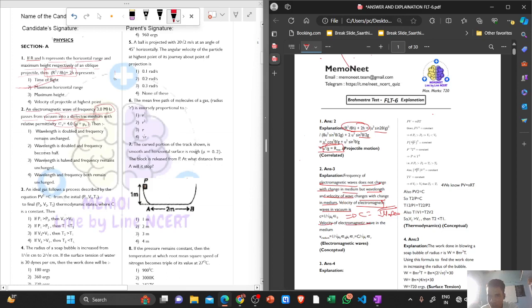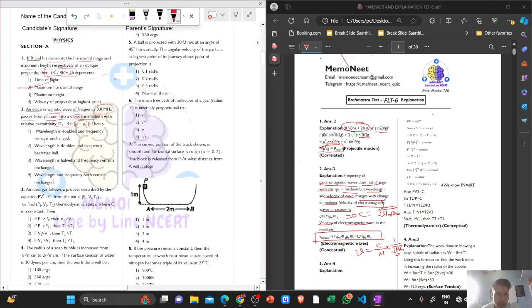By putting all the values here, you can get the velocity in the medium, which is equal to 1 by under root of mu r epsilon r. By putting the values, you can get the wavelength is half, but the frequency remains unchanged. The wavelength will decrease, but the frequency is unchanged, as the frequency is the property of the source, not the medium.